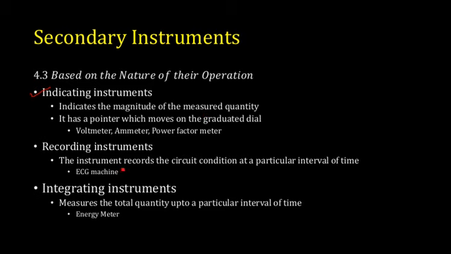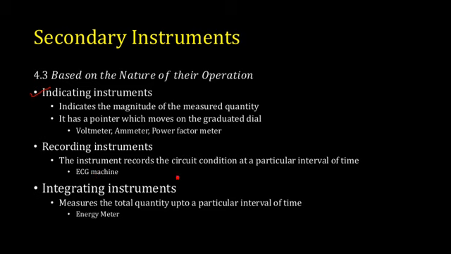Then you have another type of instrument which is known as recording instruments. The recording instruments will be recording the circuit conditions for a particular interval of time. You must have seen ECG machines recording ECG. So the ECG machine is an example of recording type of instruments.